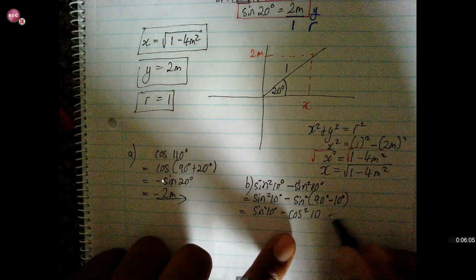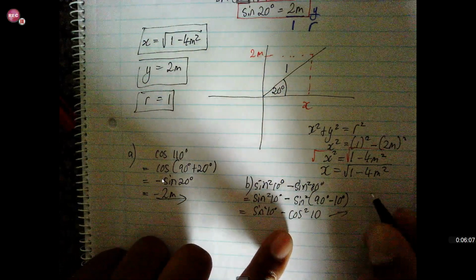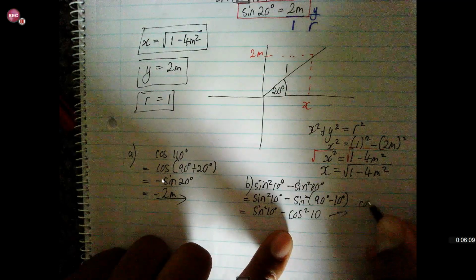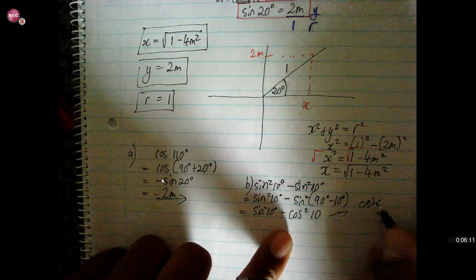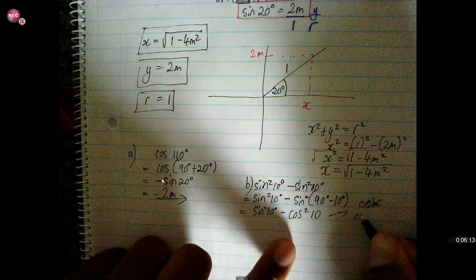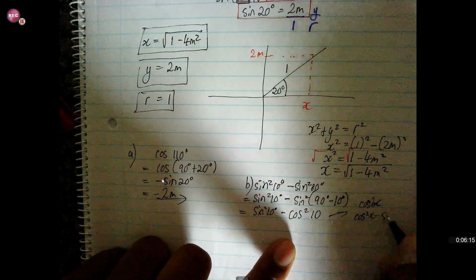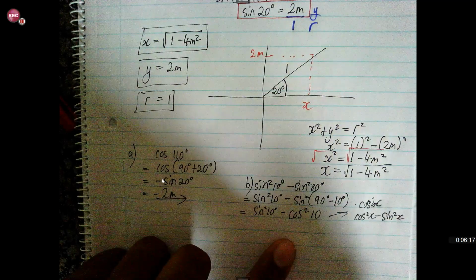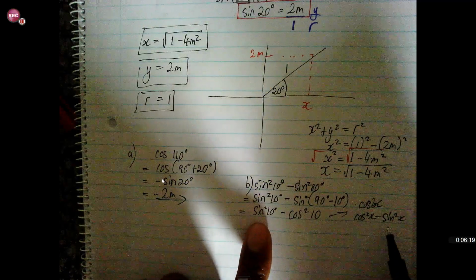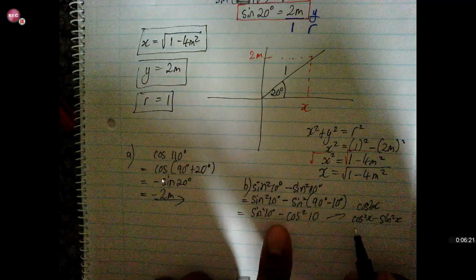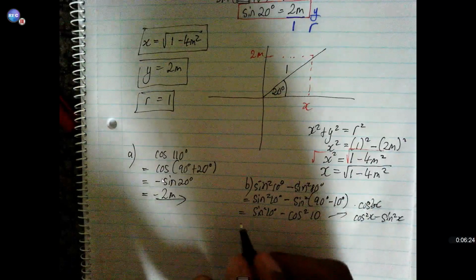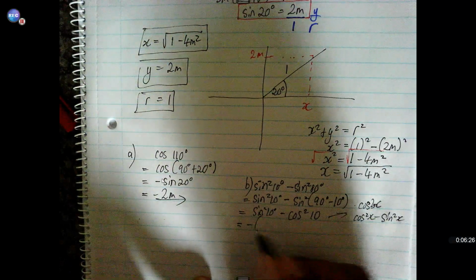Remember the rule of our identity of cos 2x. It can be written as cos squared x minus sine squared x. So we have to change our sine to be a negative and our cos to be a positive. So here we're going to take out -1 as our highest common factor.